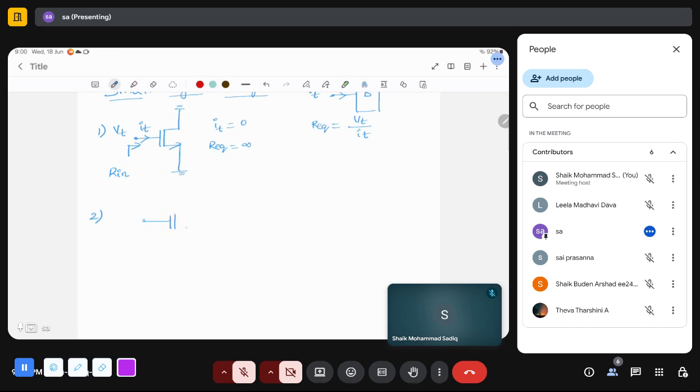Whereas, what is R equivalent from here? If you apply some V test, what is the I test flowing?